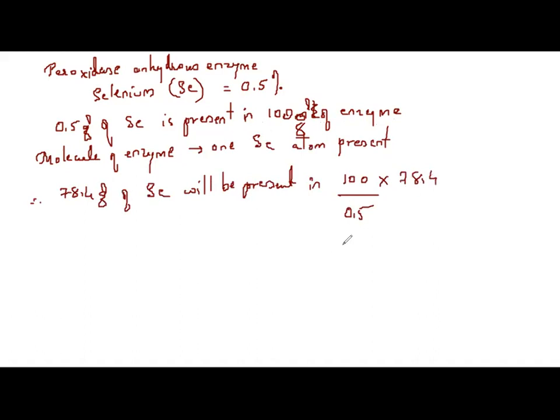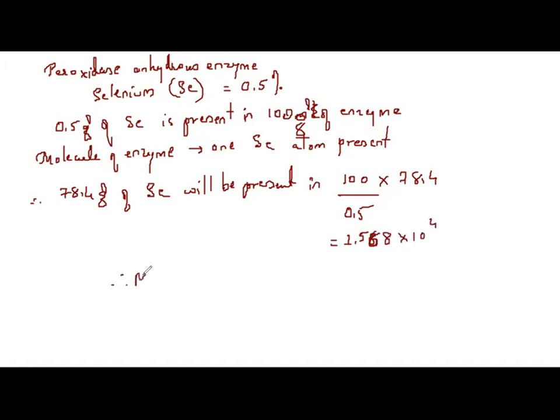So how much you get? Solve it out. 100 into 78.4 is 7,840 divided by 0.5. Half of it. So answer comes out to 1.568 into 10 raised to 4.